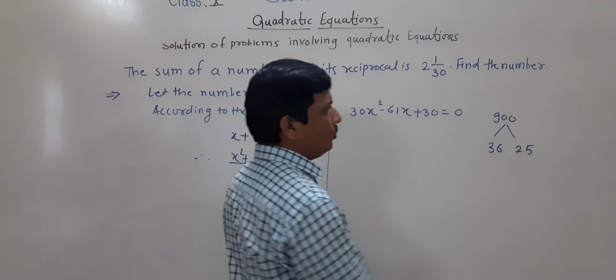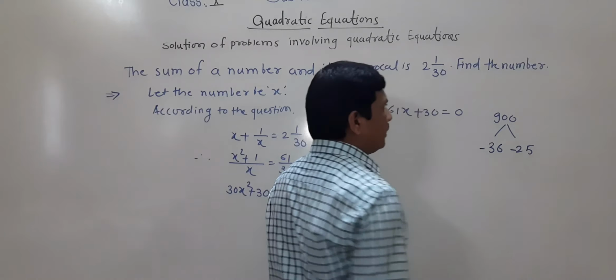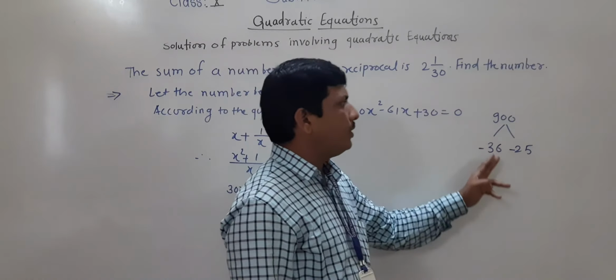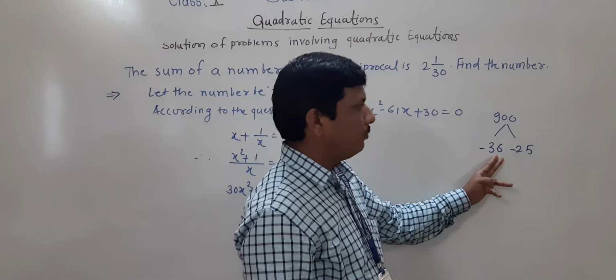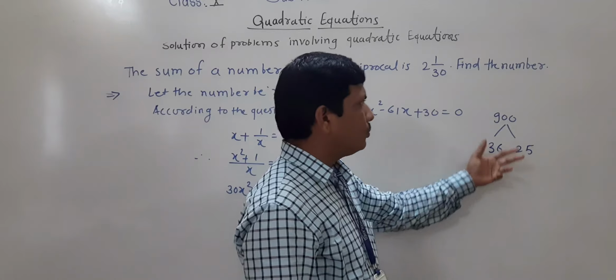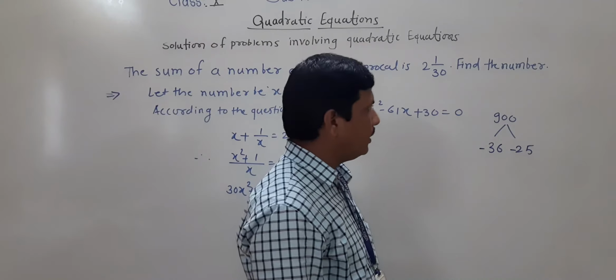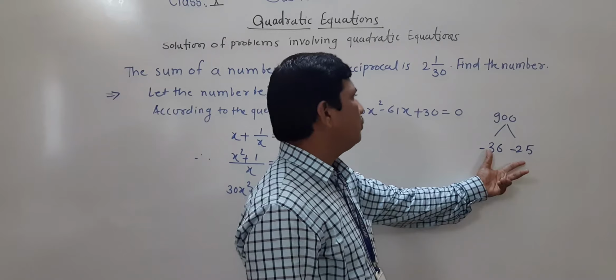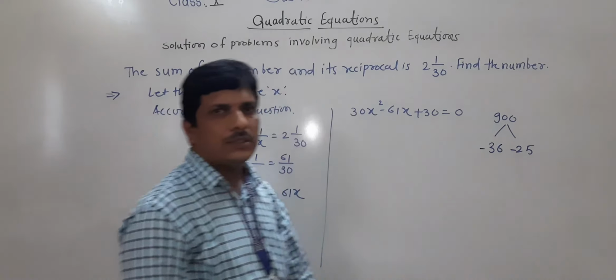Okay, so both the numbers should have minus sign. And the product is coming plus 900 and the sum is 36 plus 25, 61. Okay, this is the correct thing.